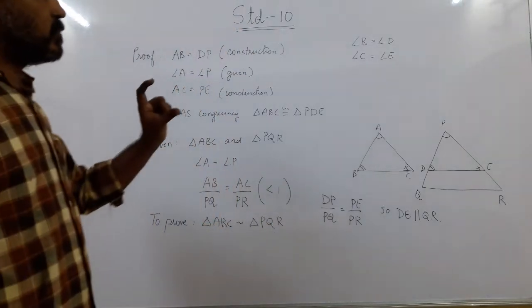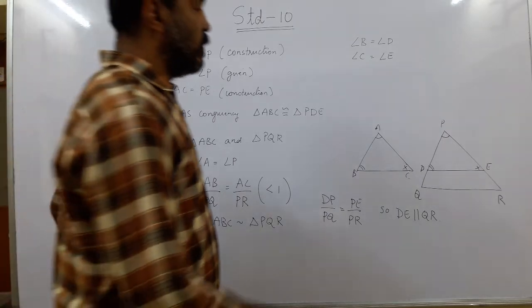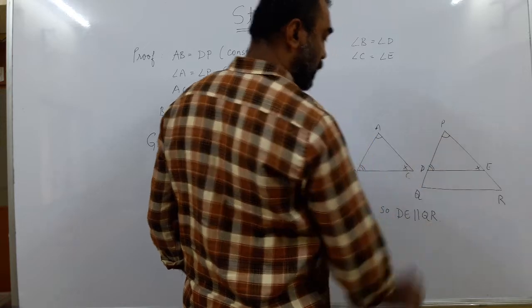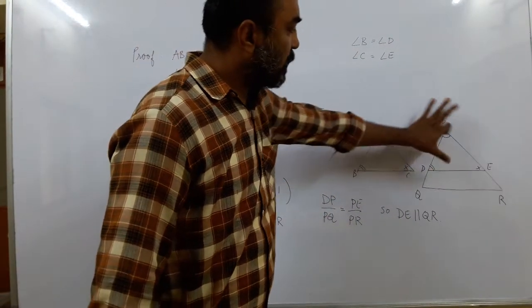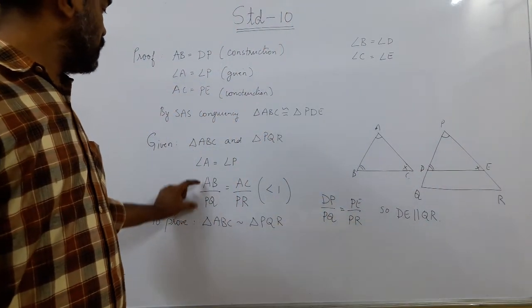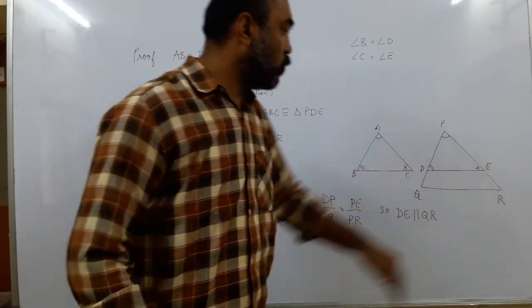Why this? This is the converse of theorem 6.1. What did theorem 6.1 say? A line parallel to one side cuts the other two sides in equal ratios. The converse is, if a line cuts two sides in equal ratios, then the lines are parallel. So because we replaced this and we got this, they are in equal ratio, so the lines have to be parallel.